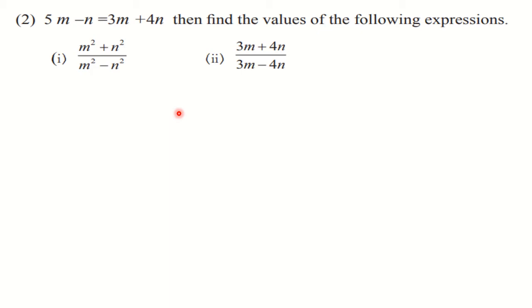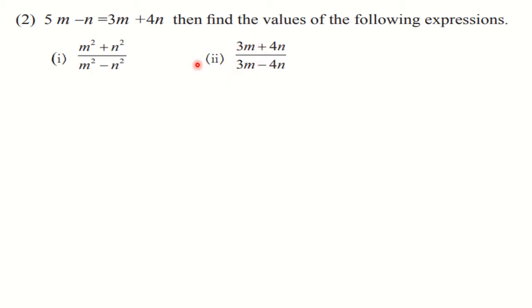That means we want the value of the ratio m upon n. So by using the given equation, first of all you have to find what is m upon n, and then you have to perform the operations on that, so that you will get the required fraction, or required ratio. So here also I am solving the first one, the second one you will do as homework.